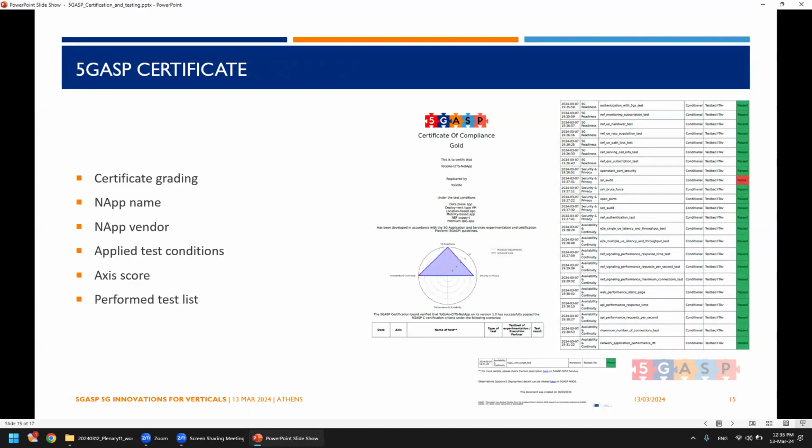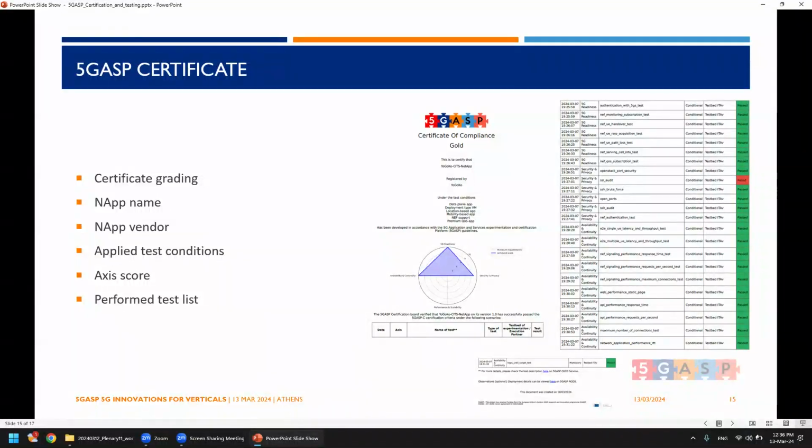The certificate itself is being presented in this slide. So, of course, it incorporates the certificate grading, which is something that an application would be fond of, the network application name, and along with the network application vendor, of course, the applied test conditions so as to see which of the tests should be referred to as conditional and mandatory, the respective axis score, of course, and the performed test list along with their result.